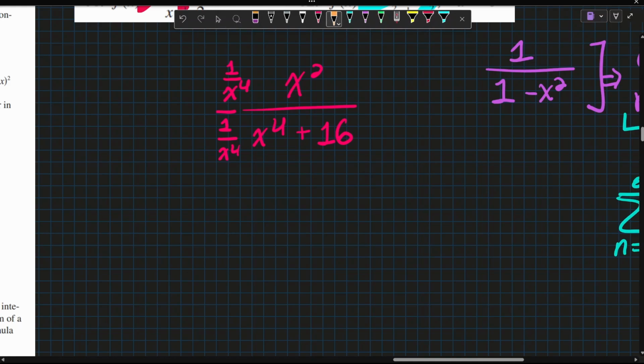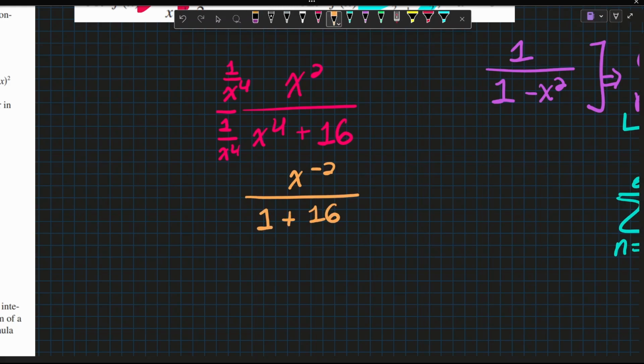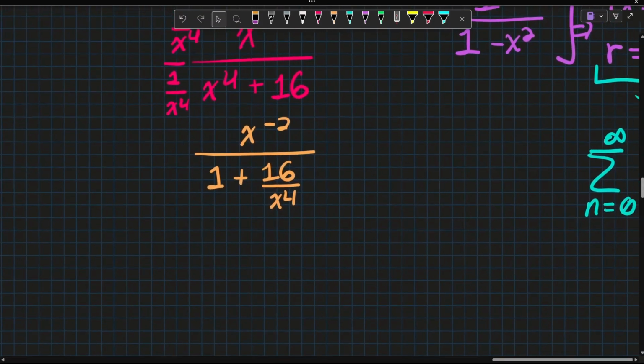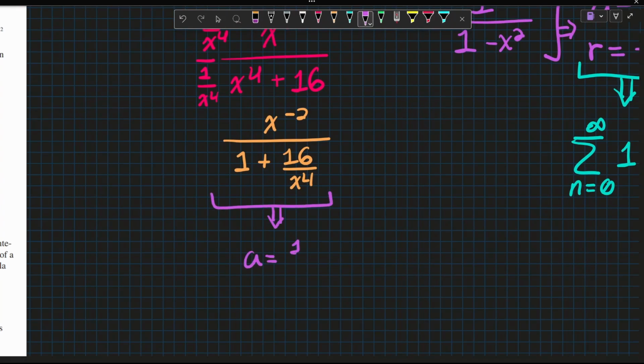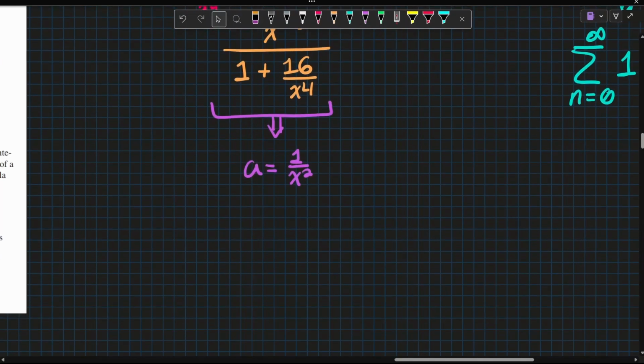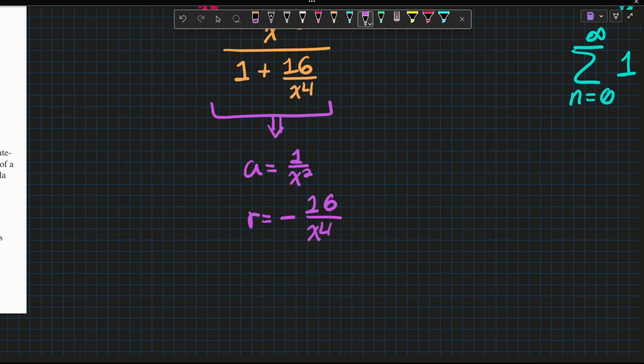Then we get x to the negative 2, we'll say, over 1 plus 16 over x to the 4, right? Now we can extract that a is equal to 1 over x squared, and that r is equal to negative 16 over x to the 4.